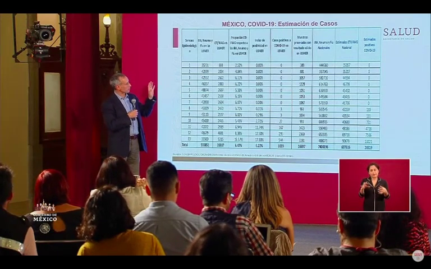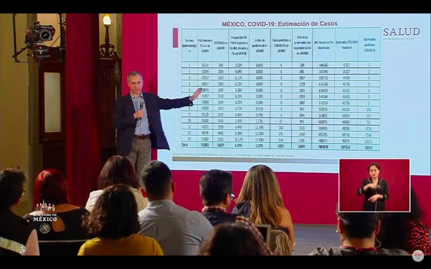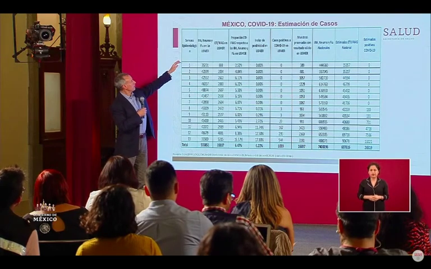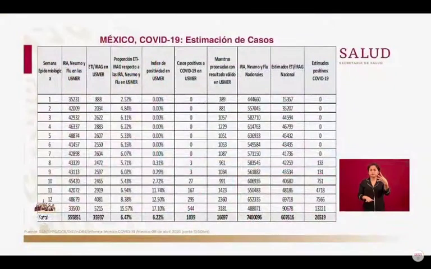So I'll try to be simple, or direct, in explaining this chart. Here we have the weeks of 2020, 1 to 13. That is the one that is currently happening. Here we have the acute respiratory infections, the pneumonias, and the influenzas in the 375 monitoring medical units.